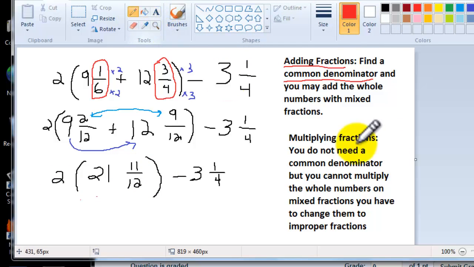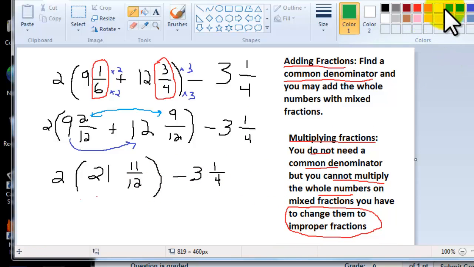So for multiplying fractions, one good thing is you don't need a common denominator, but you cannot multiply mixed numbers. You have to change to improper fractions. So how do we do that?